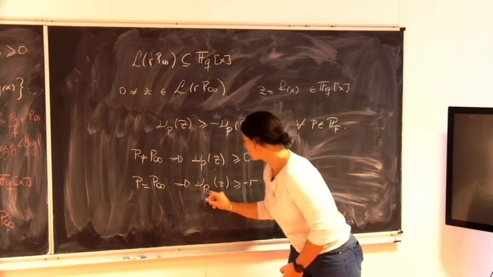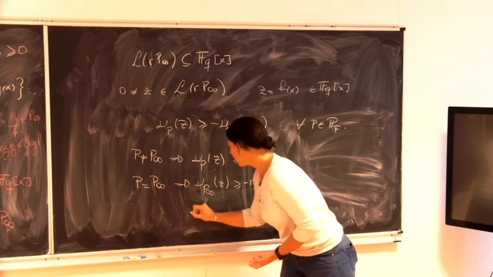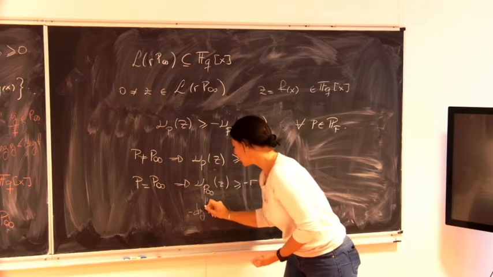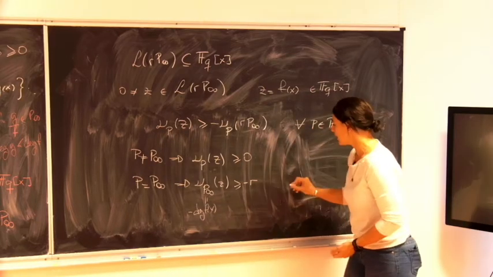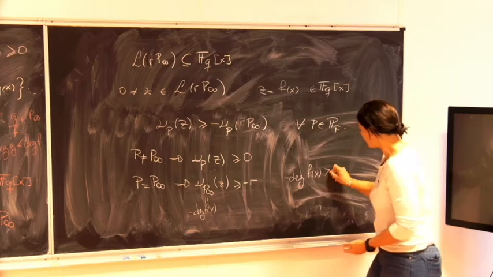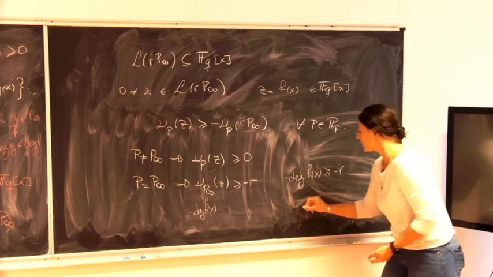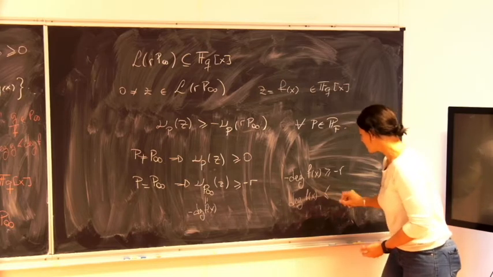So this is the degree of the denominator, which is 0, minus the degree of the numerator. So what I need is that minus the degree of F is bigger or equal than minus R, and therefore the degree of F is less or equal than R.